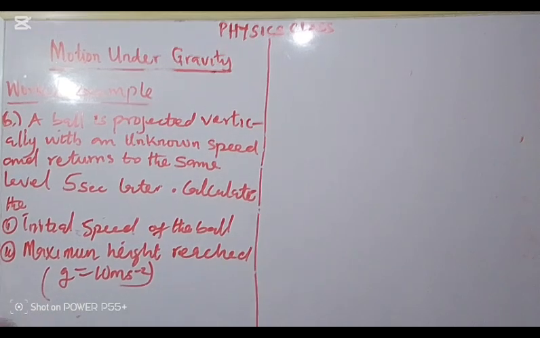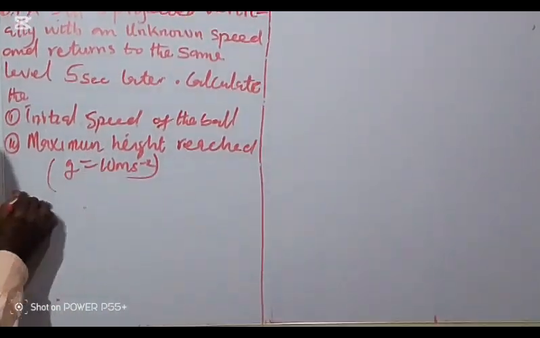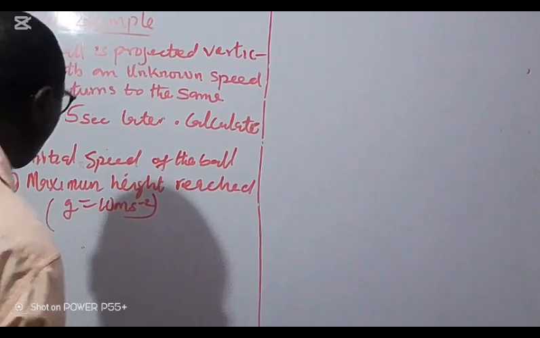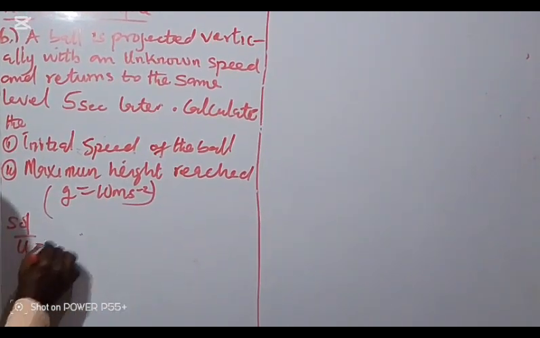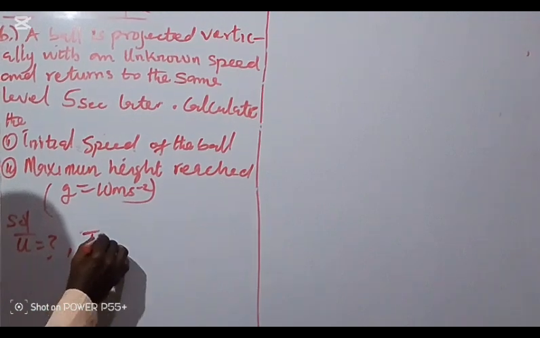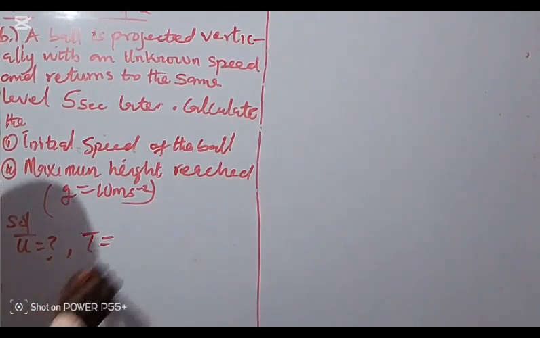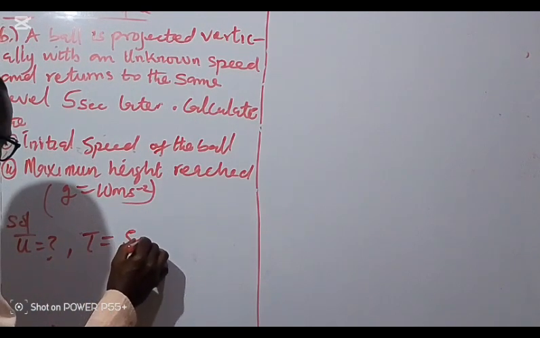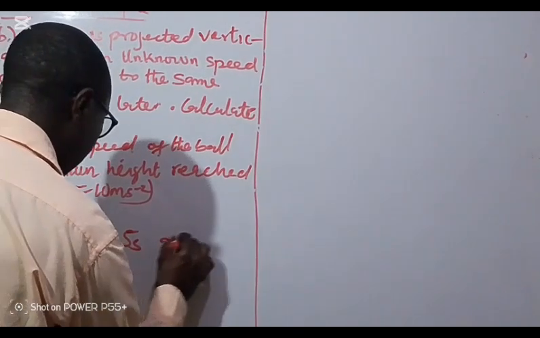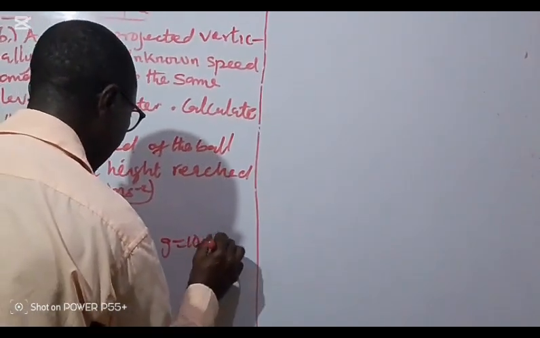Let's write out the parameters first. Now, the initial speed, u, is unknown. Time taken, capital T, is known, 5 seconds. Then g is given, 10 meters per second squared.